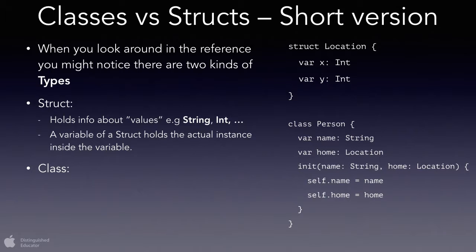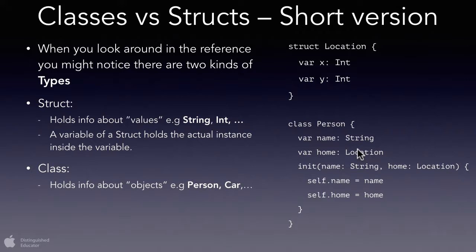Then we have a class, and that can be information about more like real objects, like a person or a car or something. So I've constructed a simple class over here called person, and these persons have 2 properties, name and home.